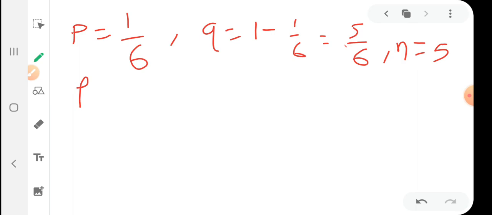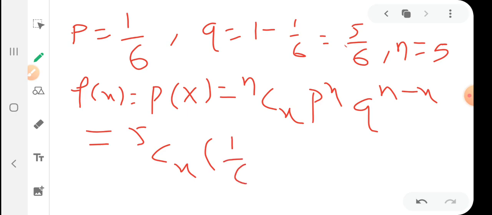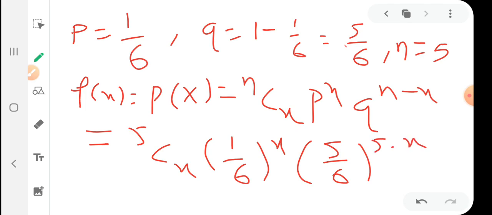So we get P of x, the probability of getting x number, is equal to nCx P raised to x Q raised to n minus x, or you may write 5Cx, 1 by 6 raised to x into 5 by 6 raised to 5 minus x.